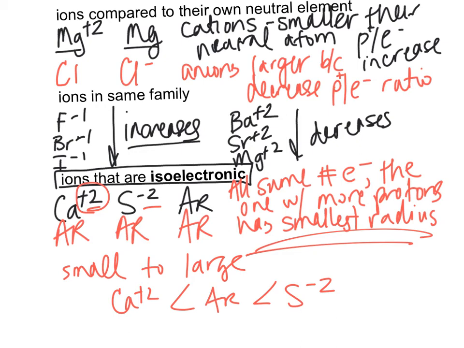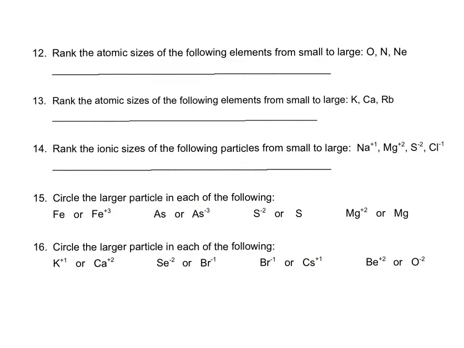Because a lot of students will say, oh, calcium has more protons, or calcium has a plus 2 charge. Well, what if I'm comparing calcium plus 2 to iodine negative 1? That won't work, because iodine has a lot more shielding than that calcium. So you've got to mention both.